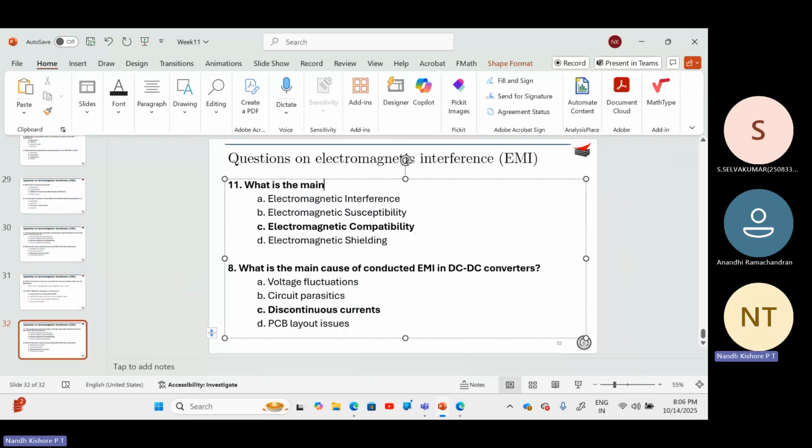What is the main function of an active EMI filter or AEF?